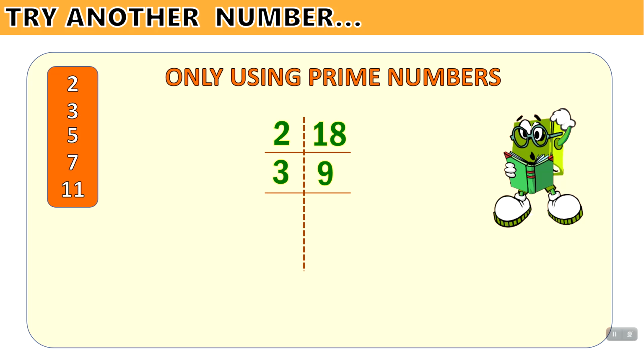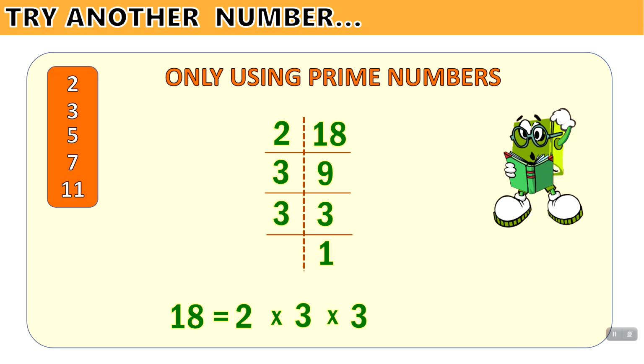3 into 9 goes 3 times. And we stay with 3, and we stay dividing by 3 until we cannot any longer. 3 can be divided by 3 to give us 1, and we are finished. And now we say 18 equals, and we write the numbers starting with the top going down to the bottom. 2 multiplied by 3 multiplied by 3.